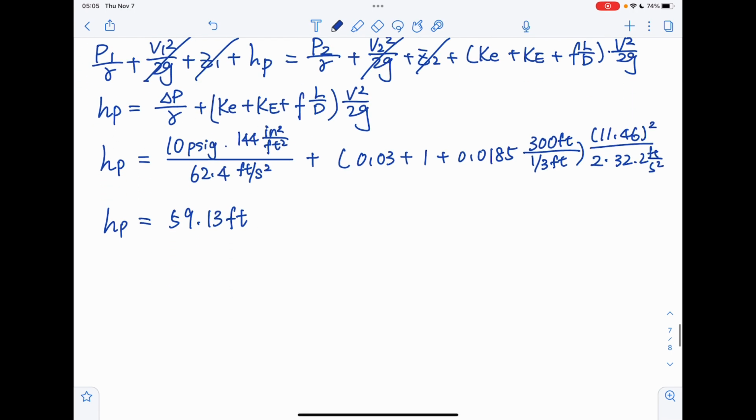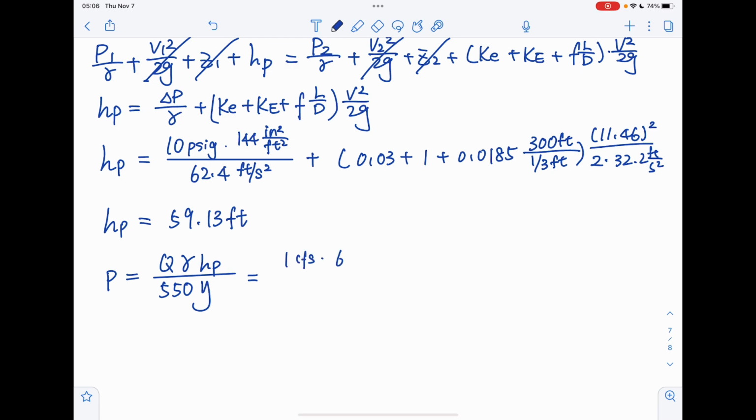Okay. And we're going to convert that to power. So P equals Q gamma times the pump head over 550 for English units. And we have the efficiency as well, so divided by the efficiency. The Q is 1 cubic feet per second.